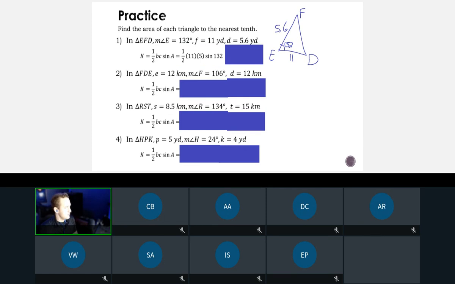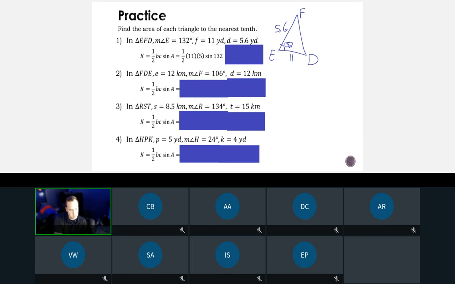So everyone go ahead and type that in, round to the nearest tenth, and type it in chat for me. 20.4.